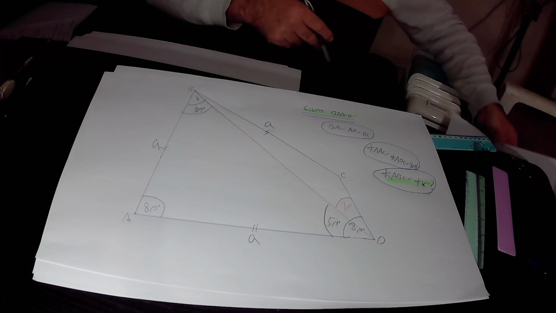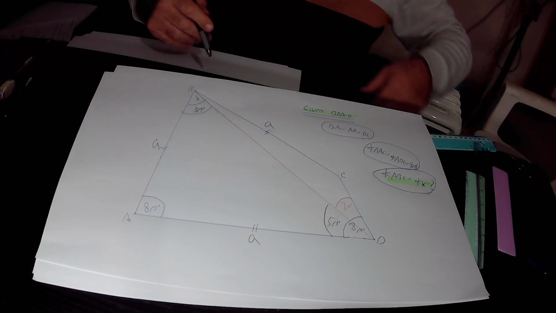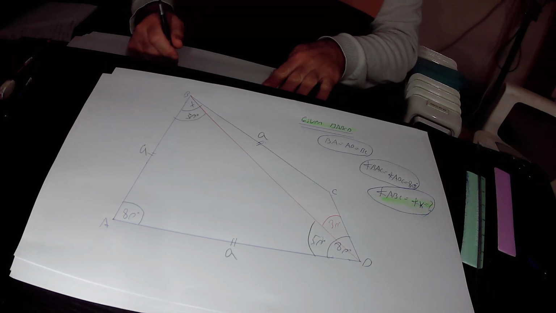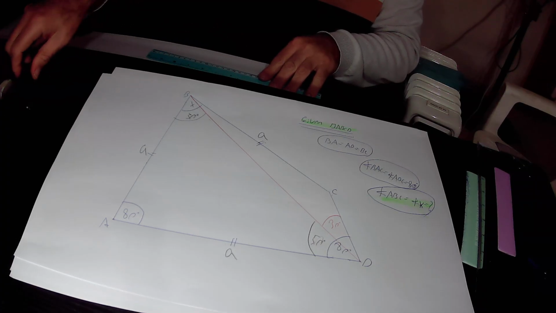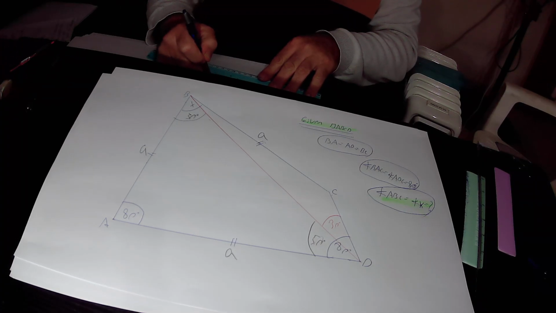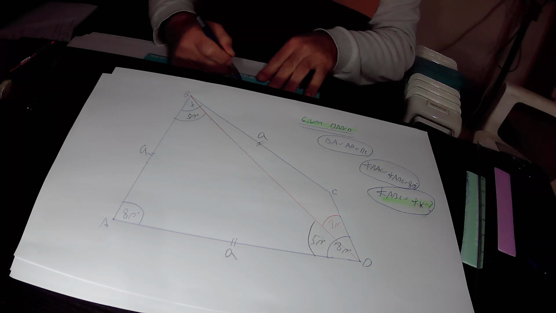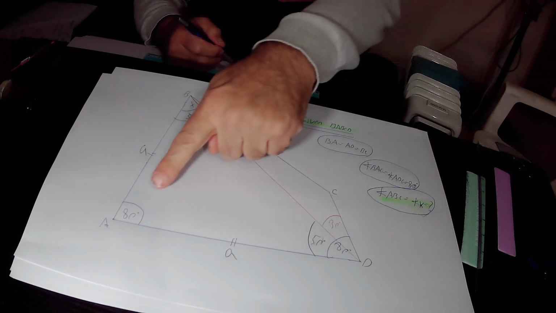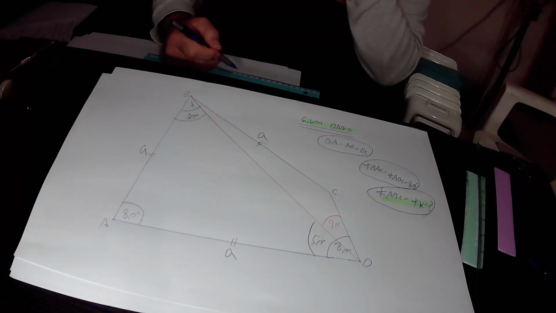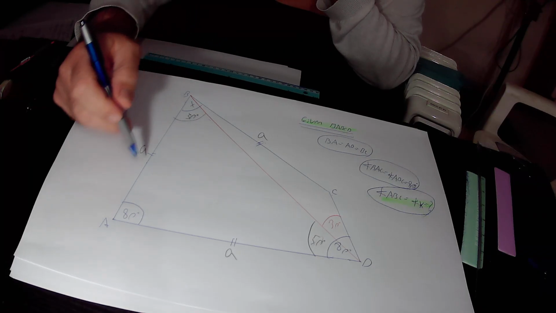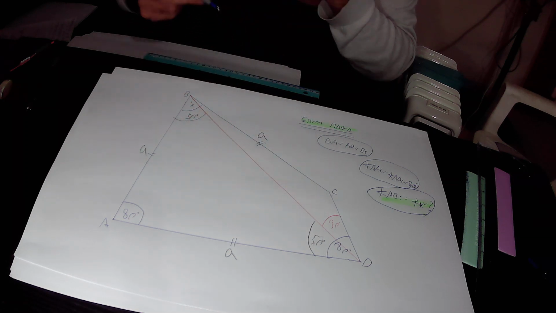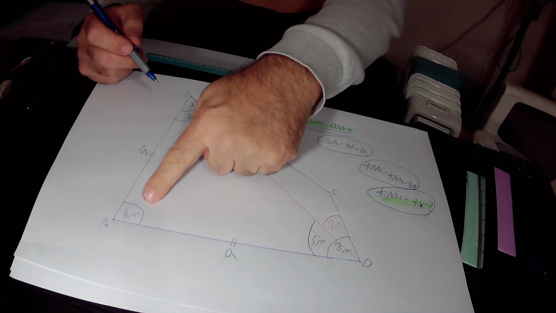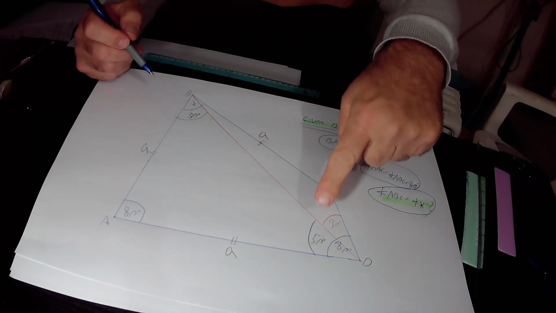According to the law of sines, in triangle ABD, the following equation is true: BD over sine 80 degrees equals AB over sine 50 degrees.